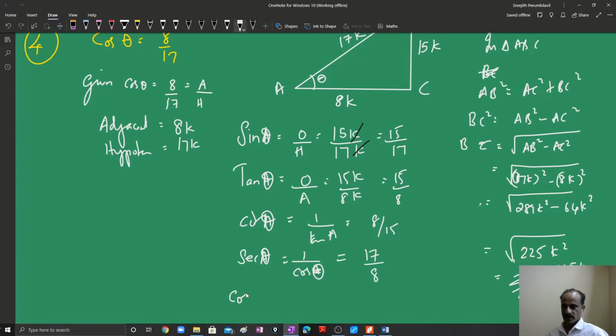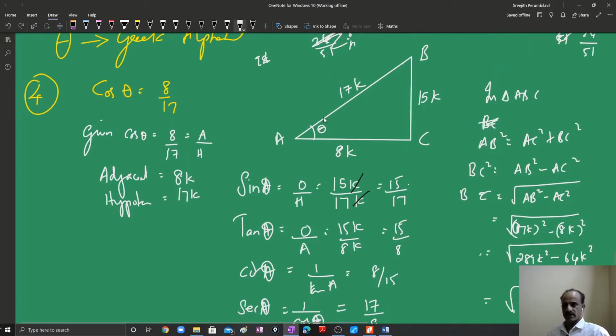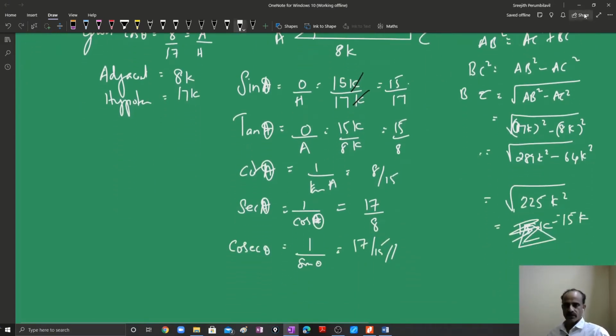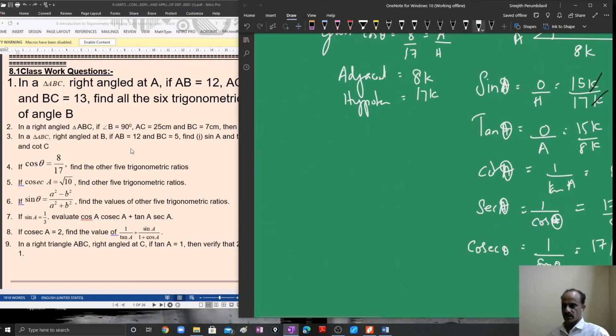And cosec theta is the reciprocal of sin theta, so that is 17 by 15. We calculated all of them. If you want, you can use k. This is the reader method. Reader suggests using k, and even if you don't use k, you will get the same result.